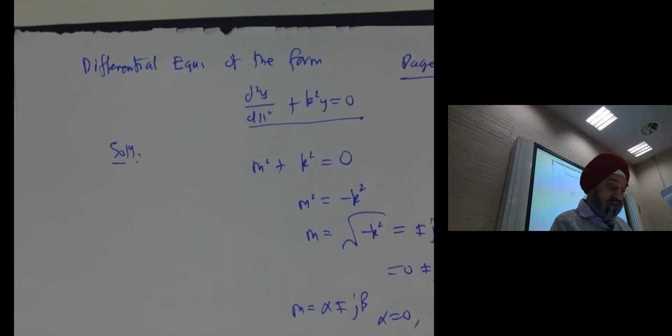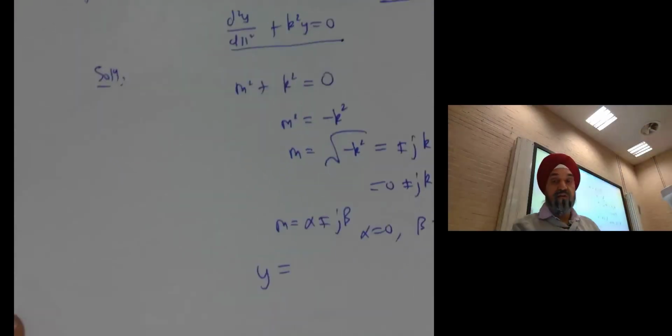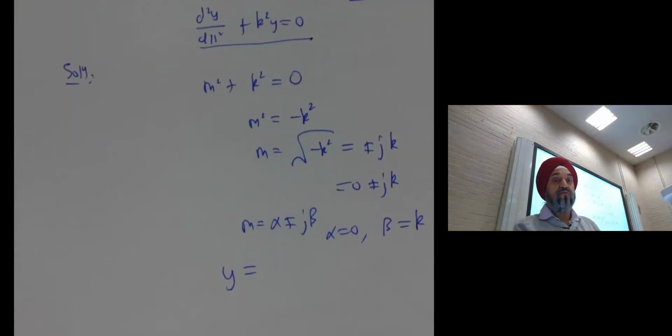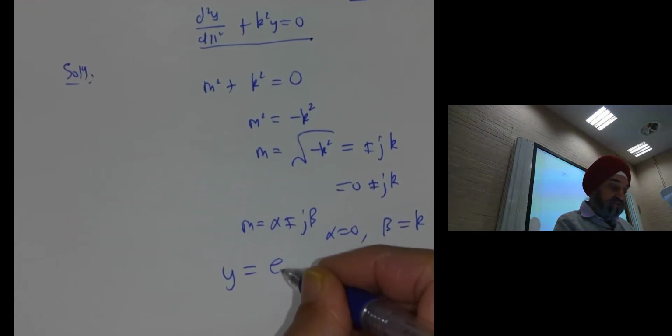So my solution y is equal to what then? The general solution is definitely going to be e to the alpha x. So in this case, it'll be e to the naught x, wouldn't it?